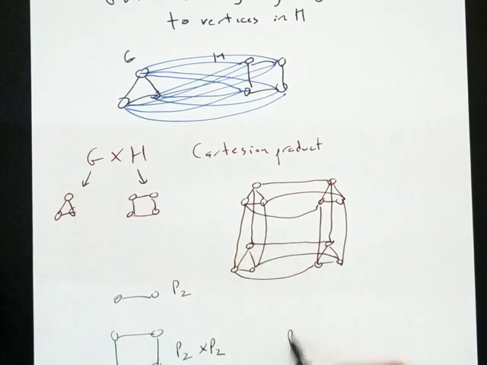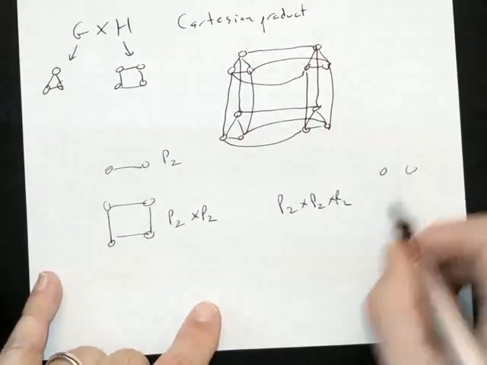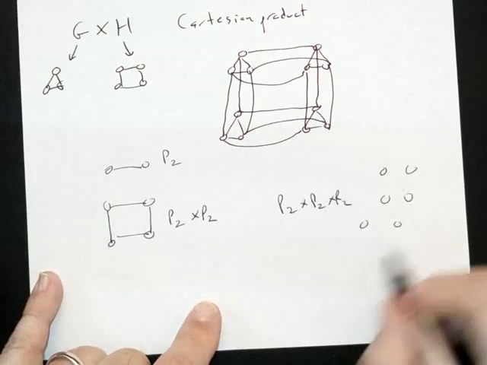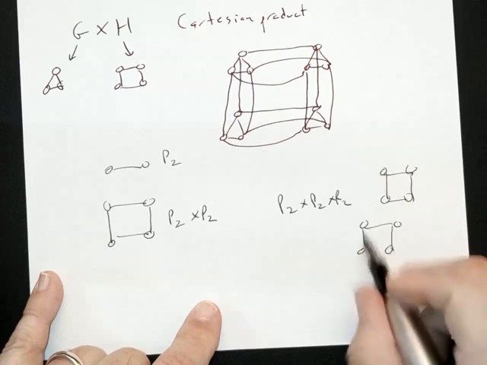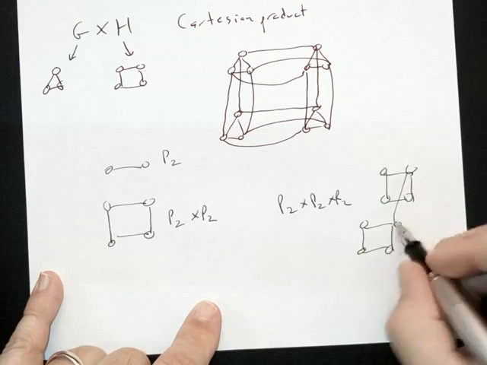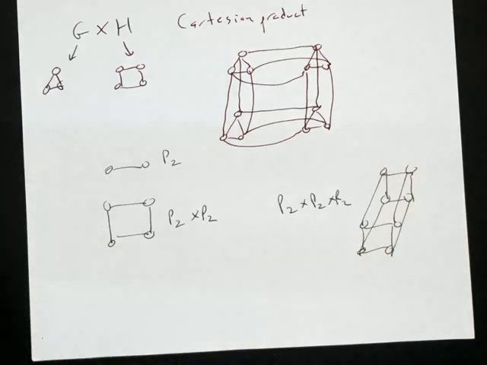What if I did it again? P2 times P2 times P2. Well, then I get a square and another square. And I'd connect those. What the hell shape is that? Except for my lousy art, that's a cube.